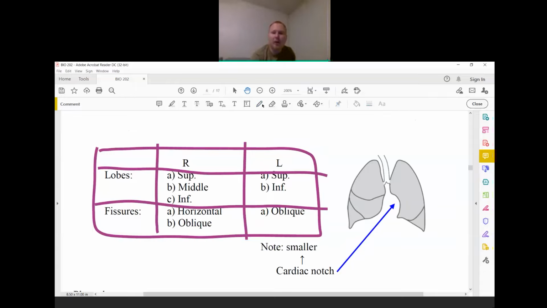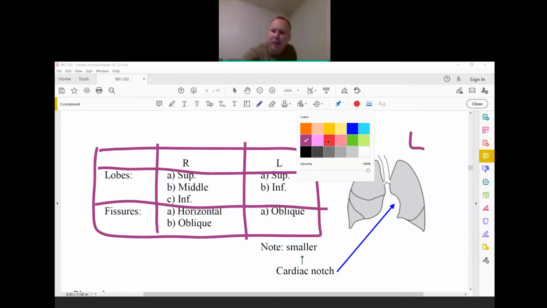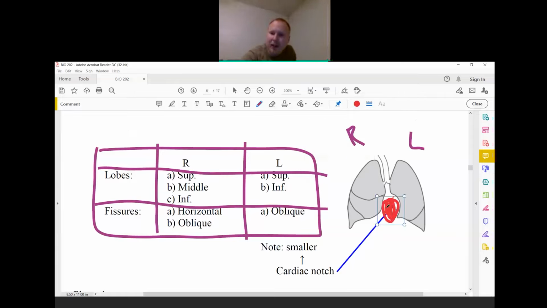But on this review, what we want to focus on is that we have left and right lung, and they differ from each other. And I told you that you had a heart, which took quite a bit of the space from the left-hand side. And this indentation that's left on the left lung here, that's going to be known as the cardiac notch. And that makes the left lung smaller.